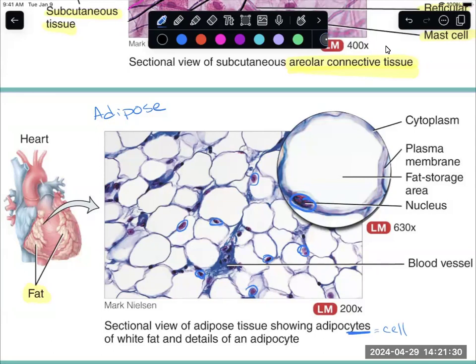So adipose tissue is going to be this fat that has big white soap bubbles, with the nucleus just pushed to the outside. And then it's just a large area of fat storage. We're storing fat soluble vitamins, and proteins and carbohydrates that we don't use get converted to fat and stored in our adipose cells.